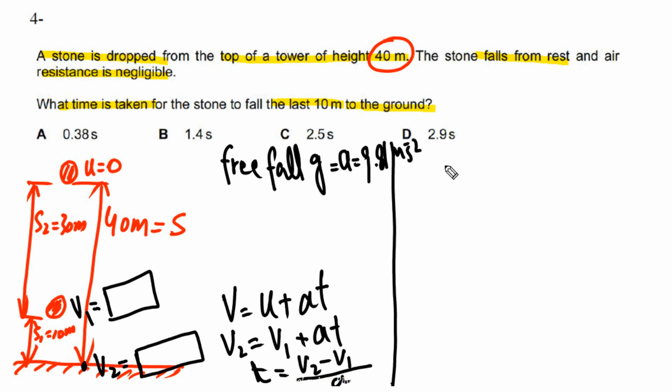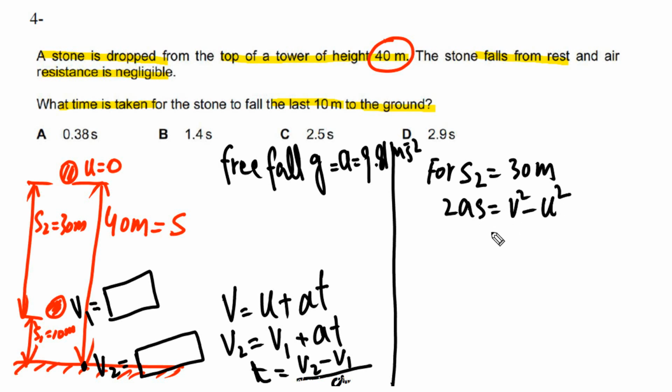So I can write down here for s2. As s2 is equal to 30 meters, we can find the value of v1. Simply, 2as is equal to v square minus u square.